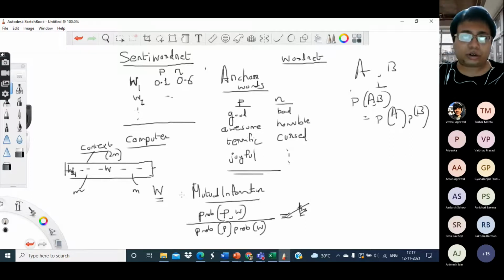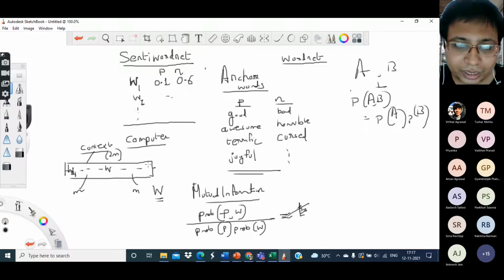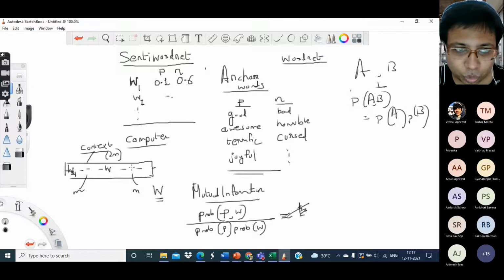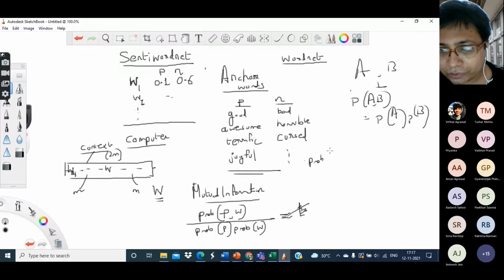So this is called the mutual information. Based on this quantity, it's possible to induce some kind of a score. I am doing this for the positive word. A similar mutual information, I will also calculate with negative words. And not for a single positive word, I will do it for all positive words.